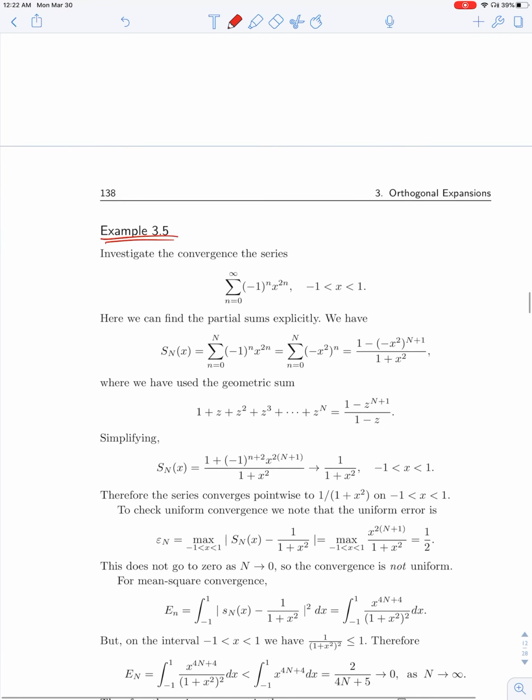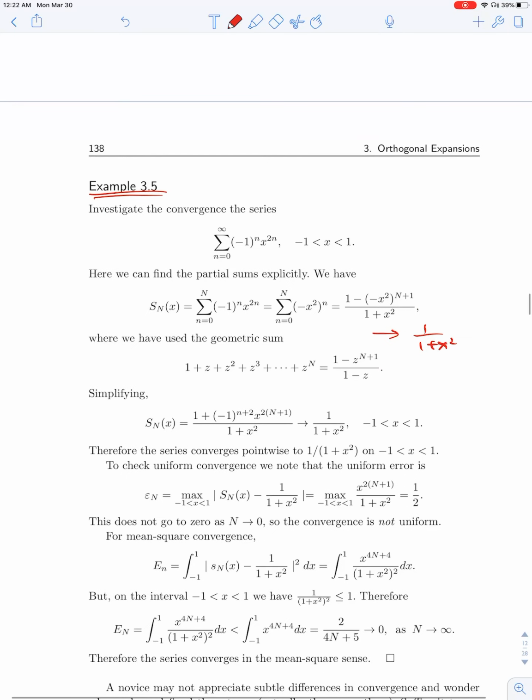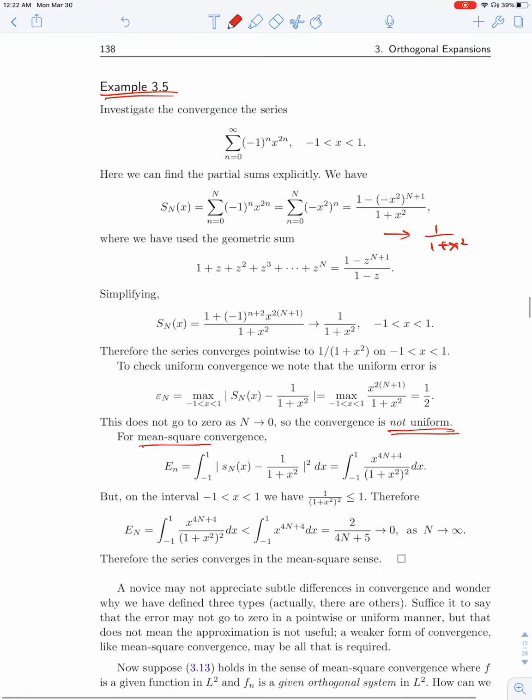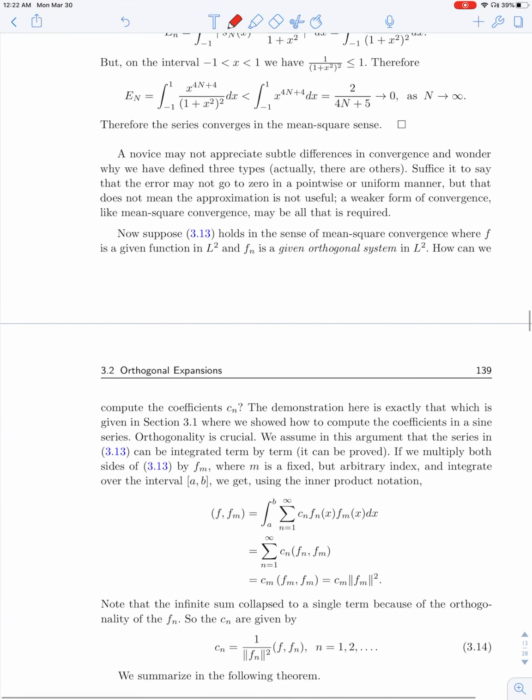Like in this example, this is point-wise convergent to 1 over 1 plus x squared, but it's not uniformly convergent, though it is mean square convergent. So this is just an example to show you this.